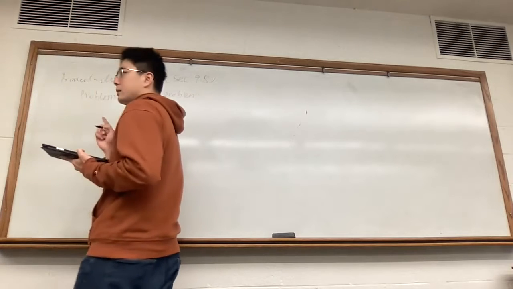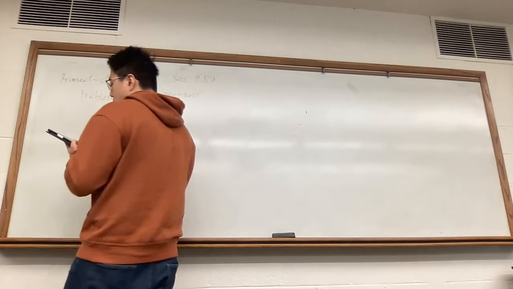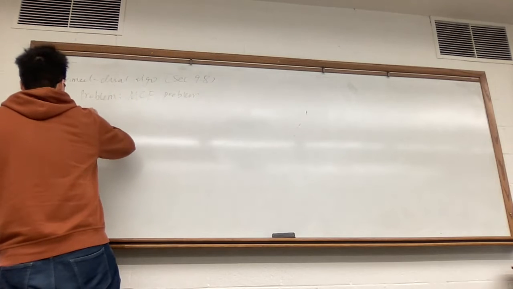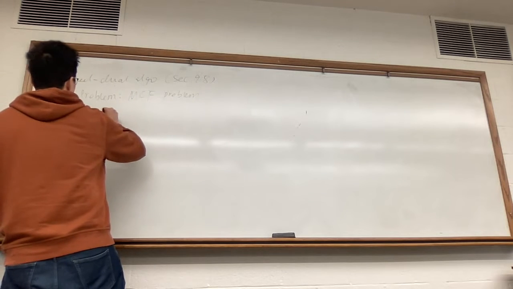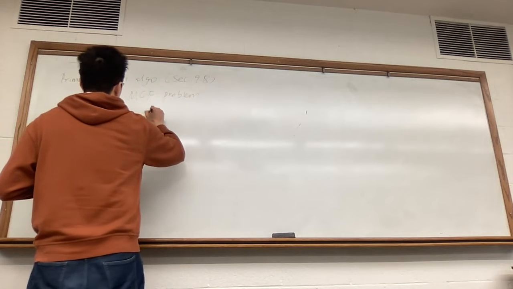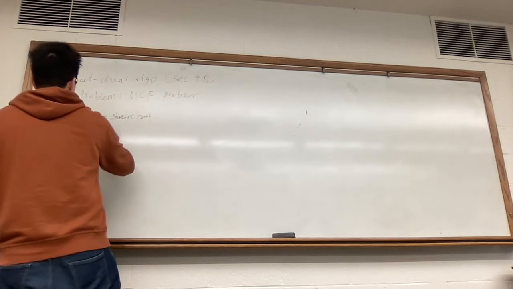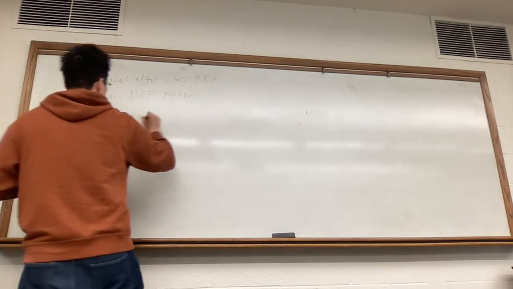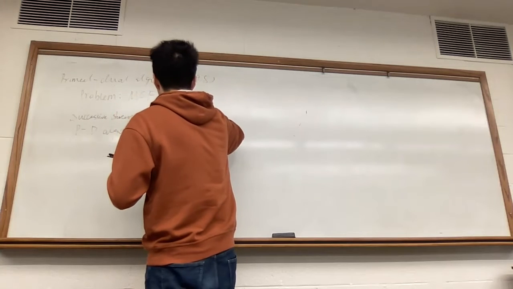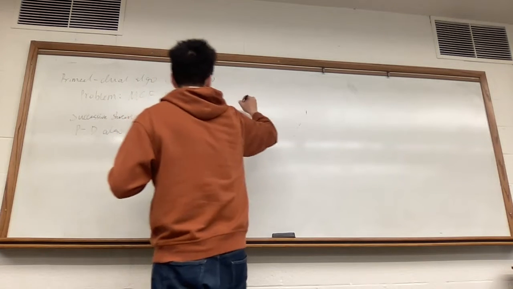One thing you may be curious about is what's the difference and what's in common for them. So let's say successive shortest path and primal-dual algorithm. That's just a brief comparison.